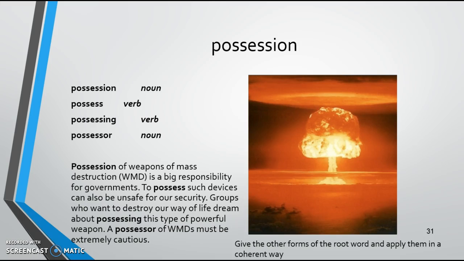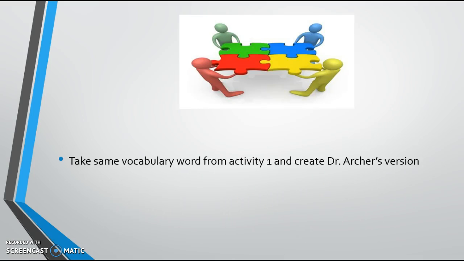To possess such devices can also be unsafe for our security. Groups who want to destroy our way of life dream about possessing this type of powerful weapon. The possessor of weapons of mass destruction must be extremely cautious. So again, taking that root word and applying it into different forms.